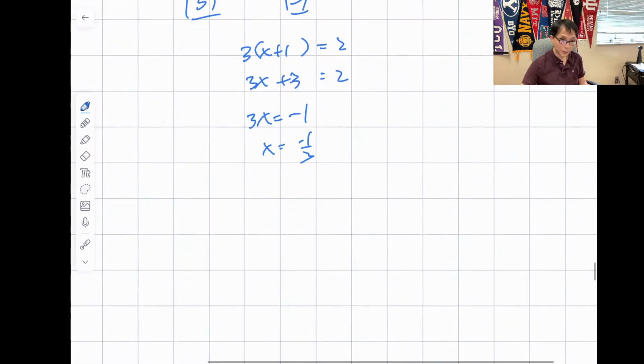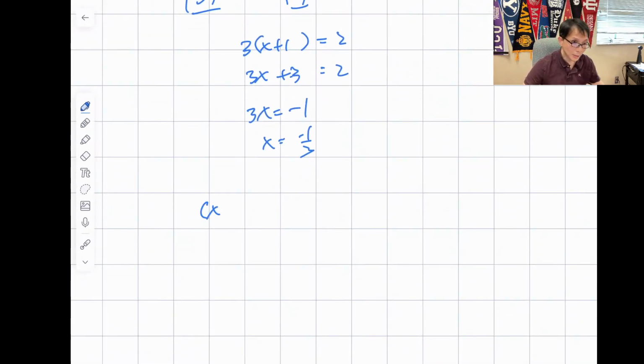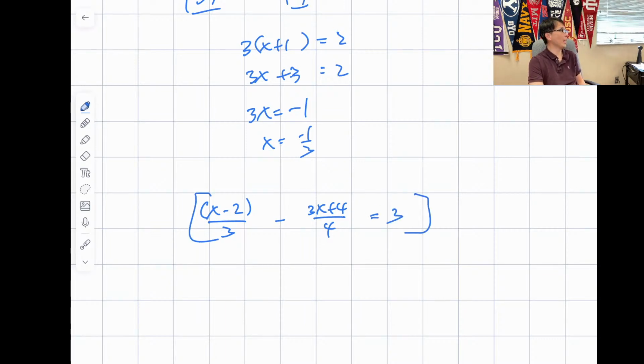Speed run. x minus 2 over 3 minus 3x plus 4 over 4 is equal to 3. I can multiply everything by what, to get rid of all the fractions at the same time? 12. And if you do that, this one's going to be left with this. Now the problem is the second parenthesis. You need to write down 3 times 3x plus 4.